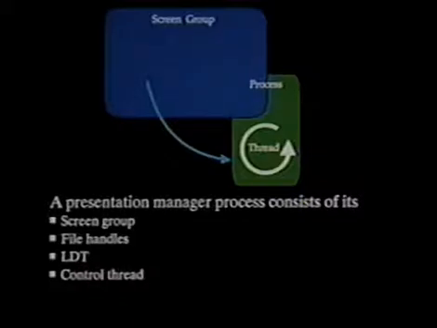The process consists of the screen group in which it's running, the file handles that the program has, the LDT tables or the memory tables, and a control thread. So we start with the screen first, and into the screen we start a process, and that process contains files, memory, and a control thread.